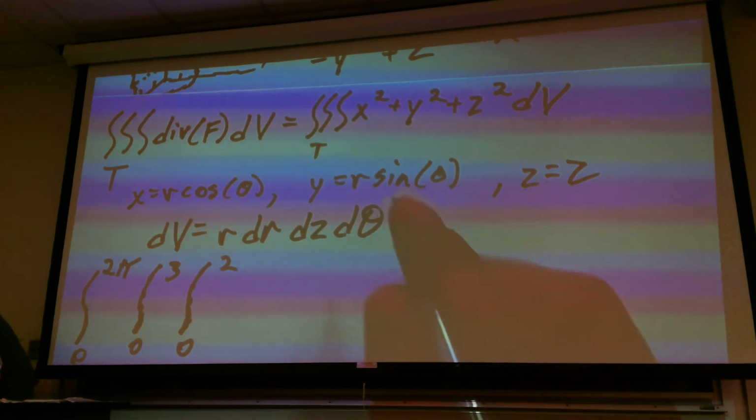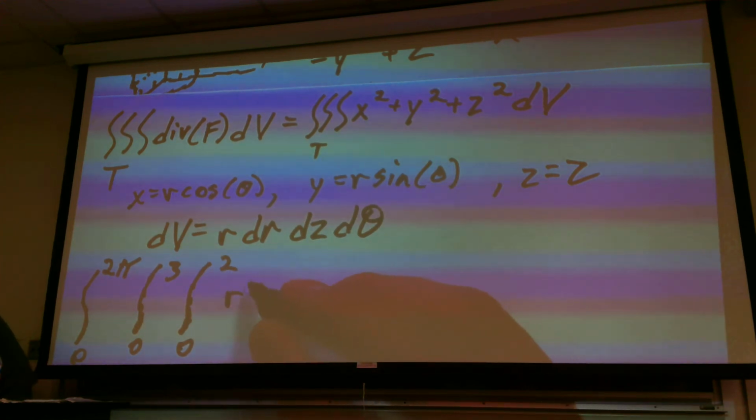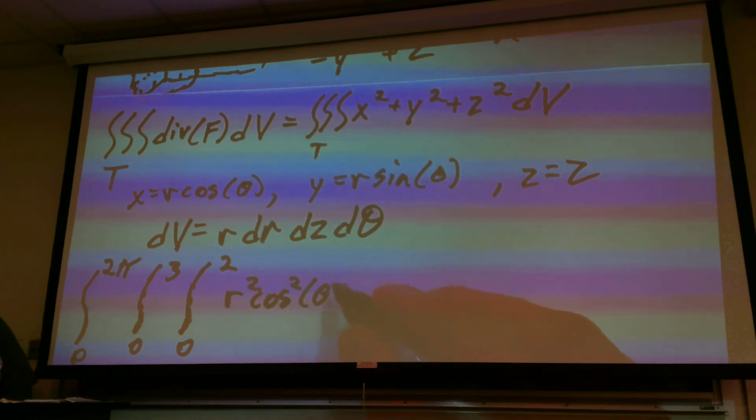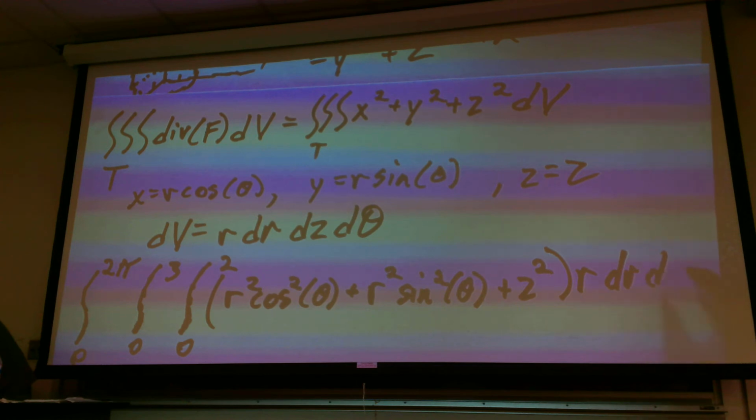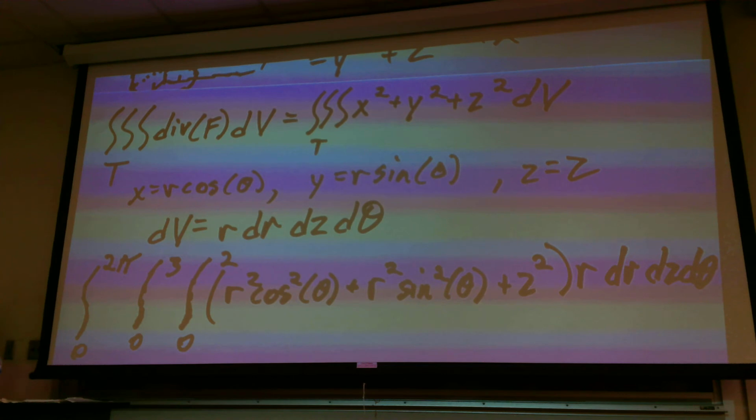And x squared would be r squared cosine squared of theta, plus r squared sine squared of theta, and then plus z squared, because z doesn't get changed, and then r dr dz d theta. Okay, so that's my transformation into the cylindrical coordinate systems.